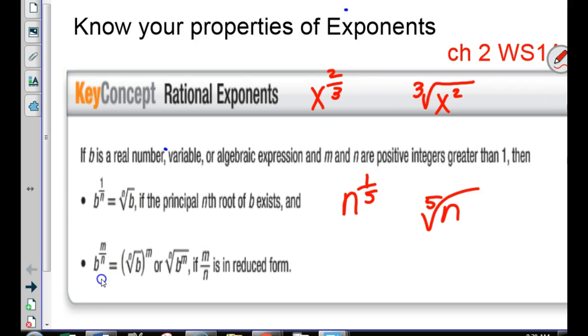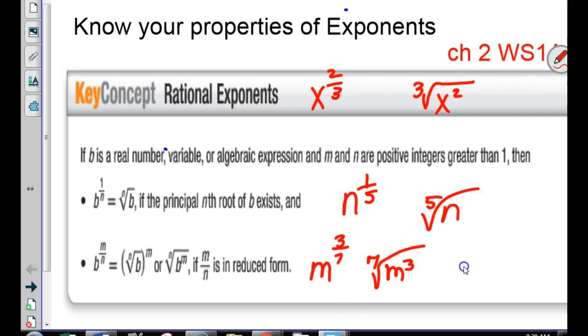But this says if you have, let's say, m to the 3/7, okay? It can be written 2 different ways, but the top number is a power, so it's m cubed, and the bottom number is a root, the 7th root of.